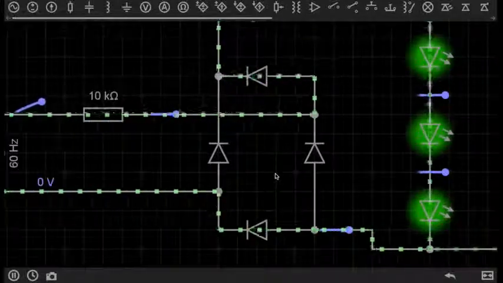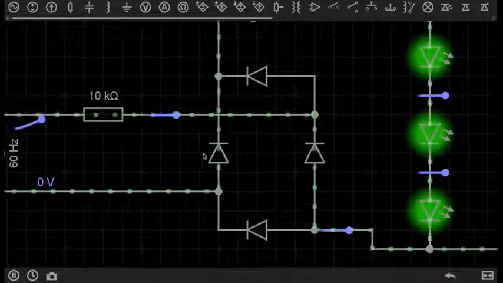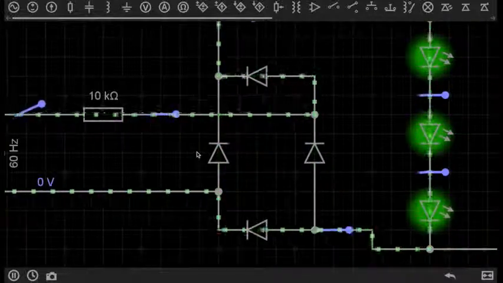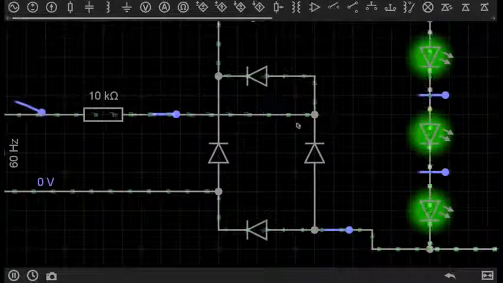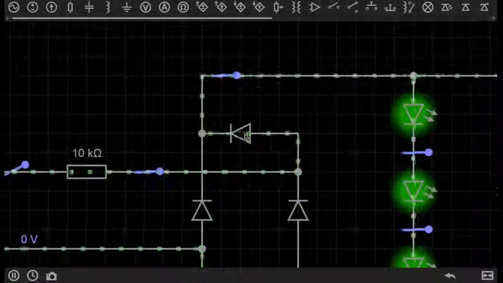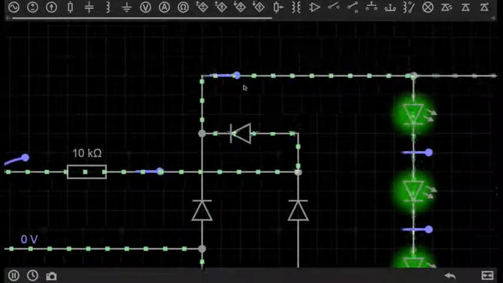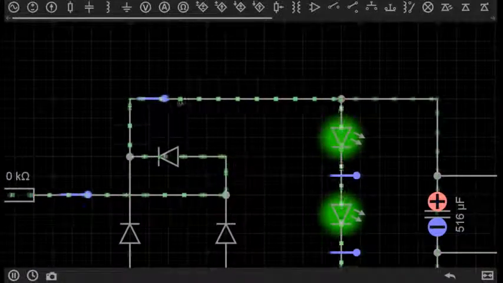Because a diode will only allow current to flow in one direction, I can basically make the alternating current flow through all of these diodes in a way that when the electrons flow out to the rest of the circuit, they're always flowing in one direction.